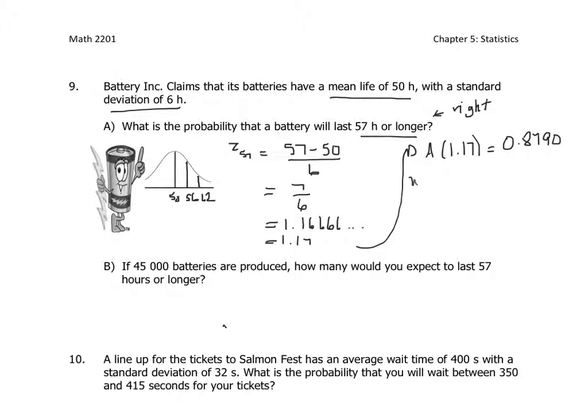So we would need 1 minus 0.8790, which is 0.121, or if you move that decimal place 2 places to the right, that's going to be 12.1%. So 12.1% will last 57 hours or longer.